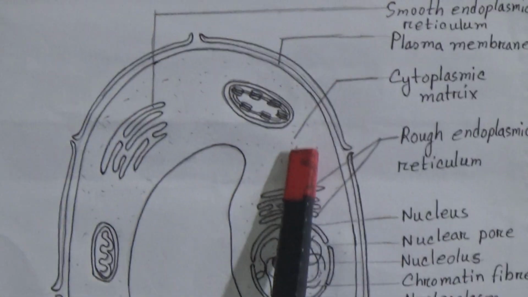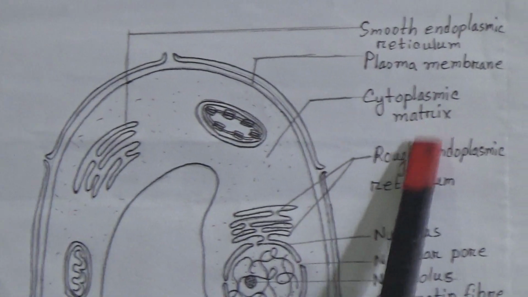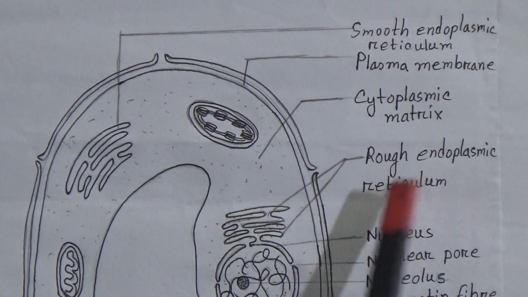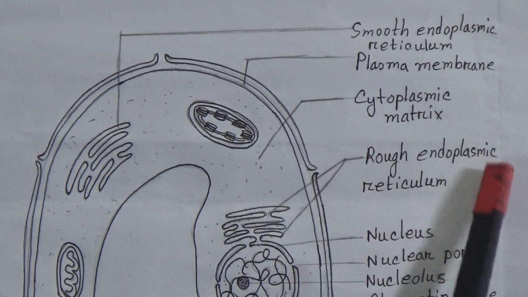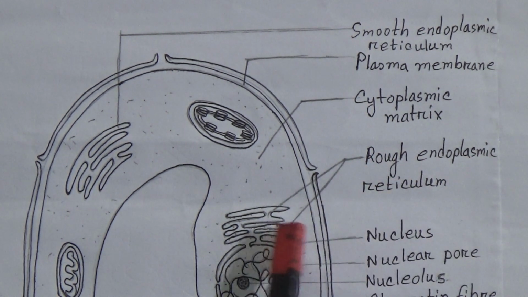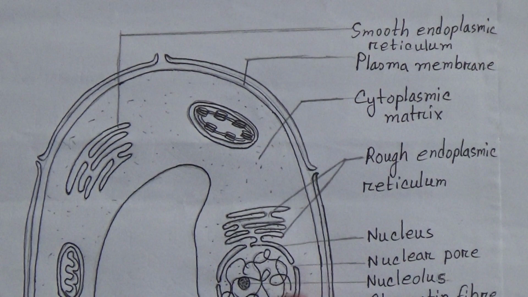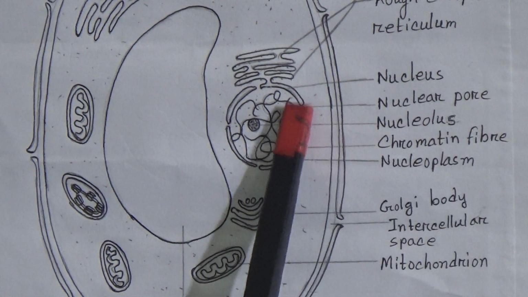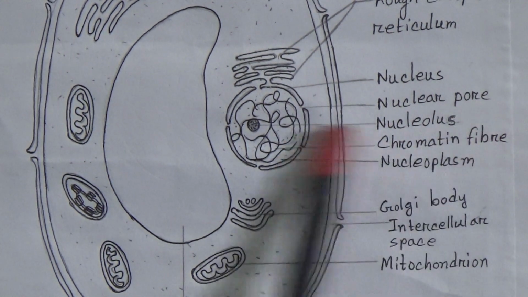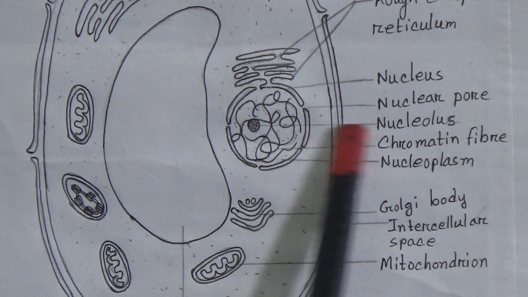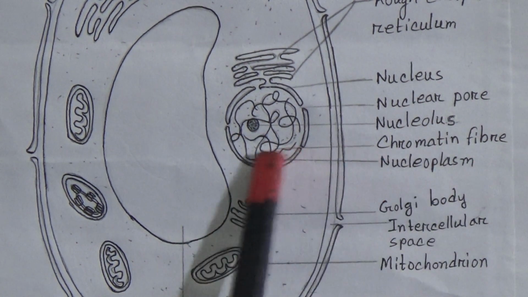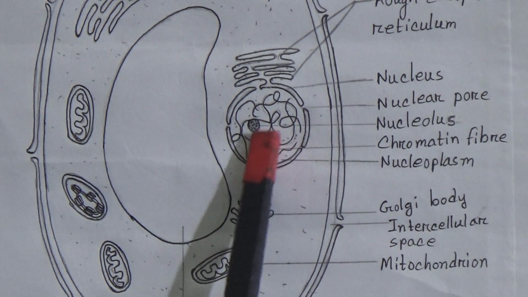Inside this cell, here is cytoplasmic matrix, and this one is rough endoplasmic reticulum, and here is nucleus. The whole thing is nucleus, and here is nuclear pore, and this one is nucleolus, and here is chromatin fiber, a thread-like structure.